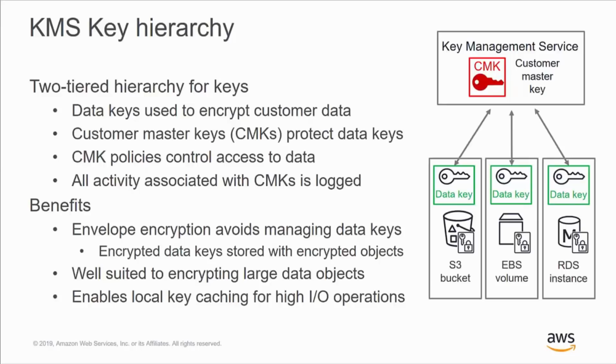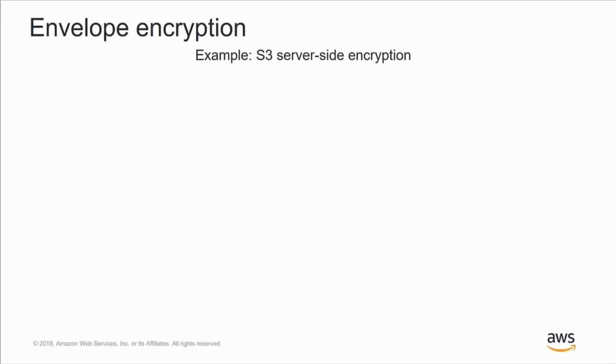So if we look at how envelope encryption actually works, to give you a sense of how KMS actually deals with managing and enforcing policy around CMKs, it's worthwhile just to look through a quick example of server-side encryption in S3. So if we start with the Encrypt process, we're starting with some plain text data, a document, for example.